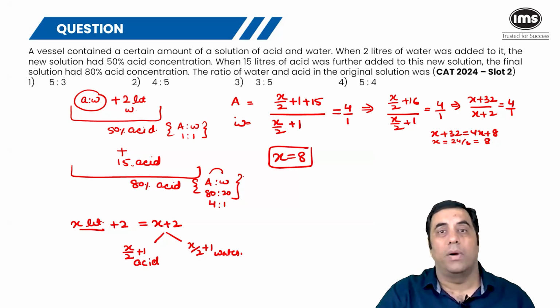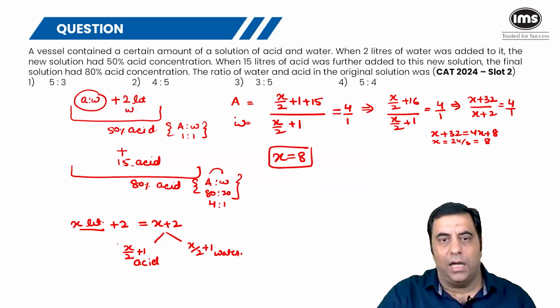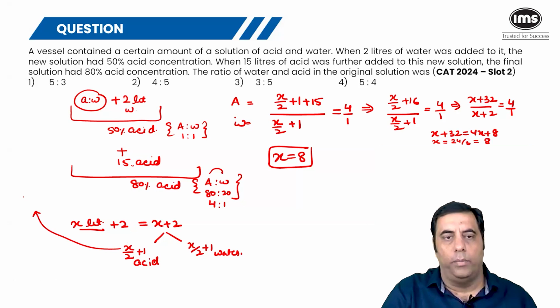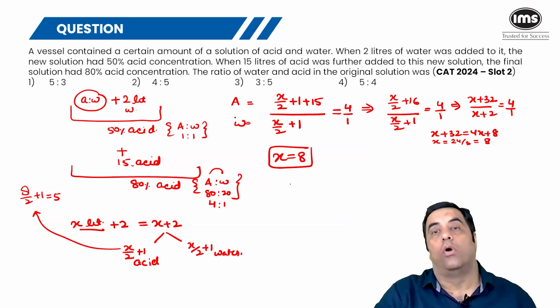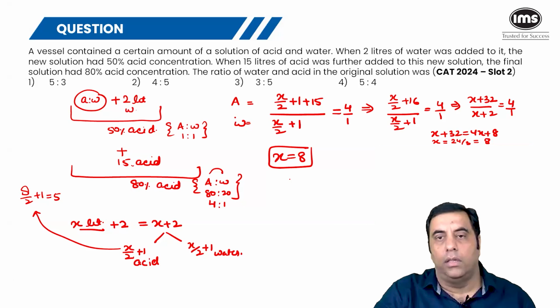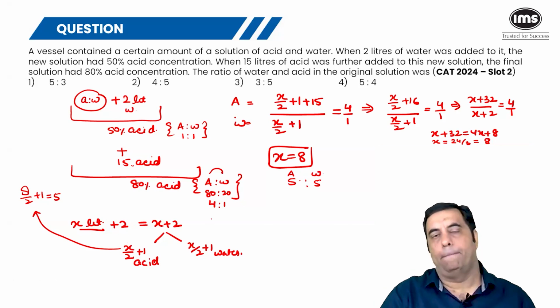Right? Now, the question says ratio of water and acid in the original was. Now, the moment I put this 8 out here, I end up getting X by 2 plus 1, which is 8 by 2 plus 1, equal to 5. So when we added 2 liters of water, it becomes 1:1, which is 5 liters of acid and 5 liters of water, right?